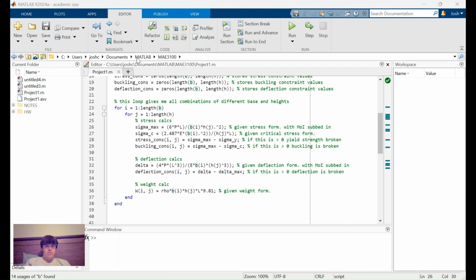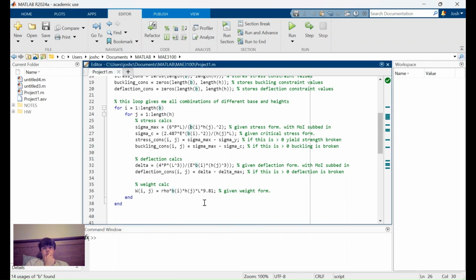I kind of skipped over sigma max equals Mc divided by I because I went straight to 6P times L over base times height squared. Let me go back to my MATLAB screen. Yeah, so that's the sigma max calculation that we're given.